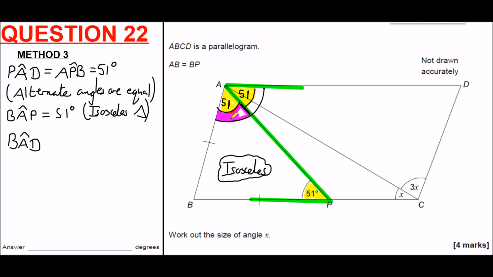I mean the entire corner. So angle BAD, in a way it comprises these two smaller ones. BAD is the sum of 51 plus 51, which is 102 degrees.